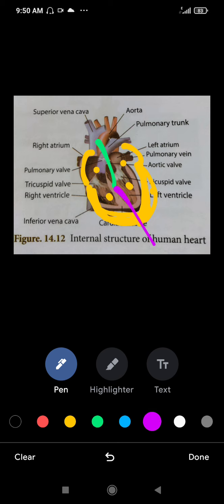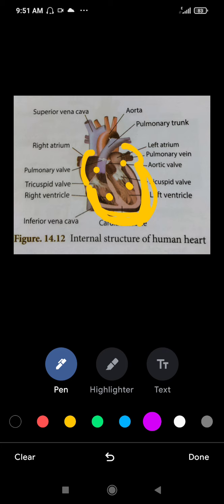Interatrial septum and interventricular septum.